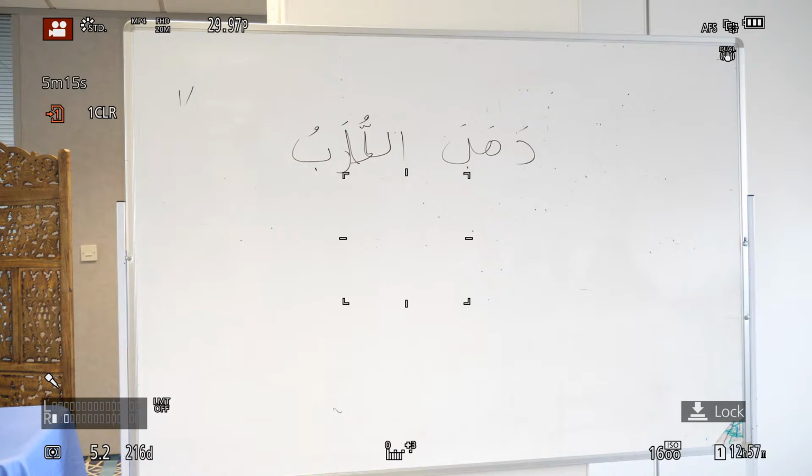You want to say the teachers are not in their classrooms. What would you say? Arslan? Laysa al-mudarrisuna fil fusuli. Sisters, make it into a jumla ismiya. So you're beginning with al-mudarrisun, teachers. Al-mudarrisuna laysu fil fusuli. Good.